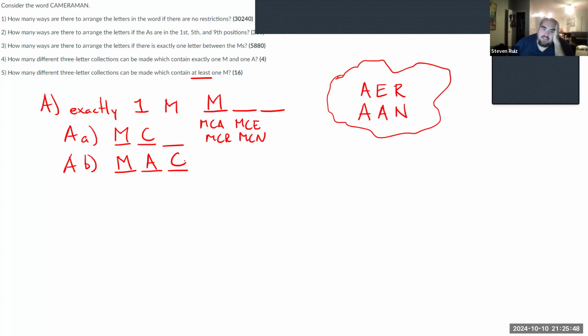Because of that, MAC, remember, these are combinations. I don't care about the order, so MAC is the same as MCA. So I'm going to remove C and not look at any more C stuff. I've already dealt with all the combinations that involve C that I'm going to allow. So what else can go here?